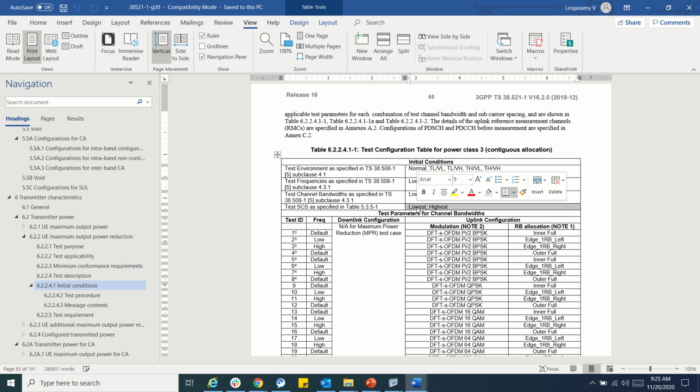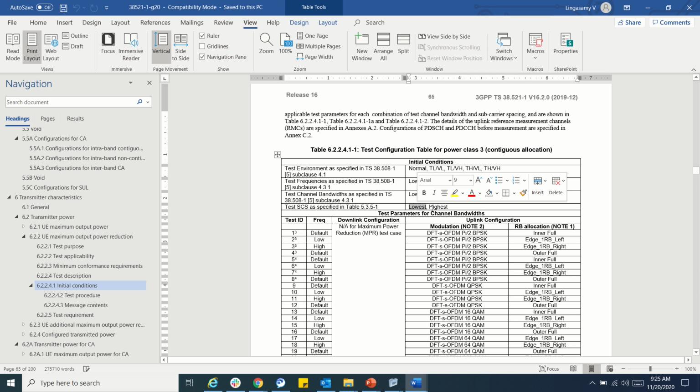So n equal to 0 means 15 kilohertz, n equal to 1 means 30 kilohertz, n equal to 2 means 2 power 2, which is 4 into 15, 60 kilohertz, and 2 power 5 means 32 into 15, which comes to around 480 kilohertz, something like that. So those kinds of things are there.